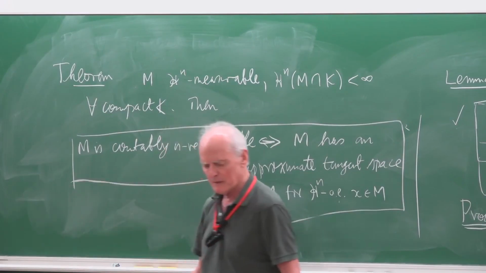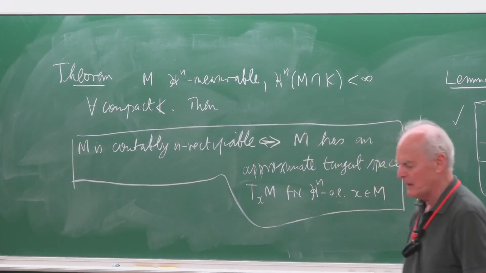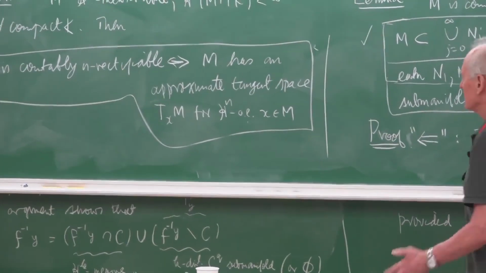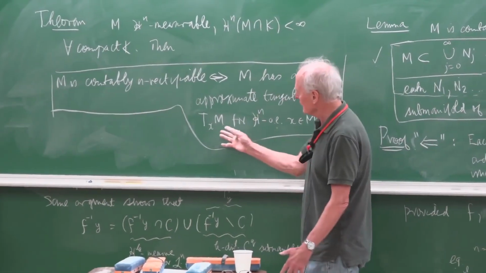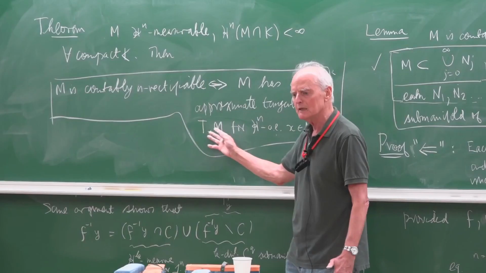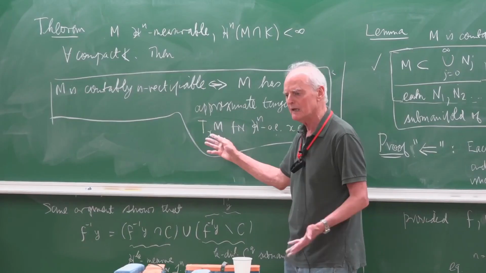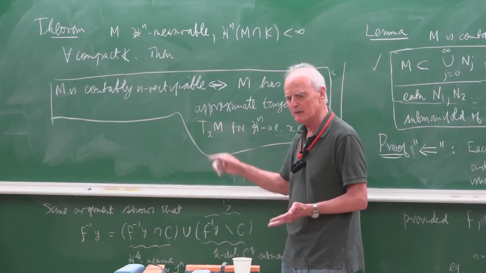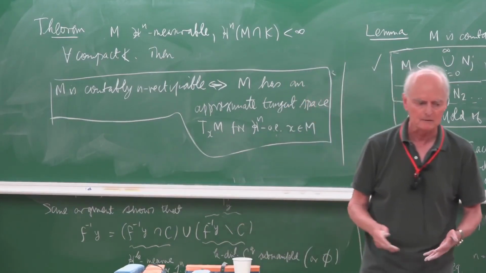And that somehow gives you a much better idea about what countably rectifiable sets really look like. See, you've now got something you can do analysis with. You can take induced linear maps. We'll show later that you can differentiate Lipschitz functions, take directional derivatives, and so on. You can do various things on such a set using the approximate tangent space instead of the classical tangent space.